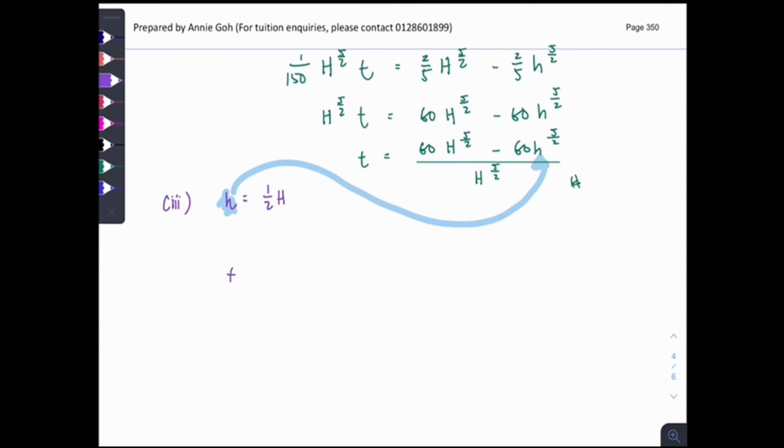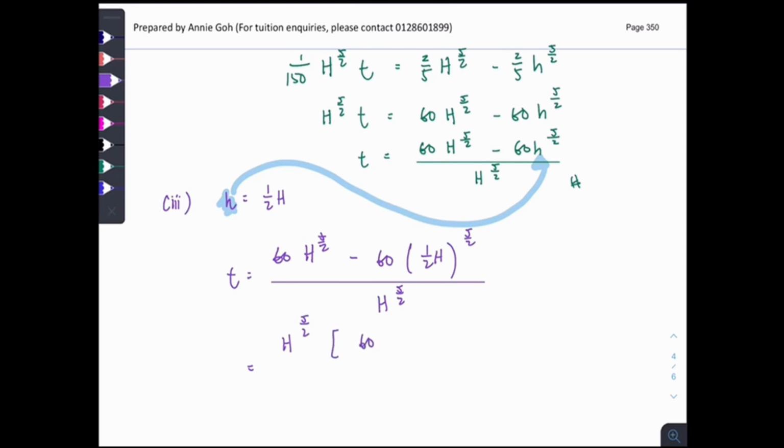Alright, so the t should be equal to 60 H power 5 over 2 minus 60 times half H power 5 over 2, over H power 5 over 2. You notice that for the upper part, the H power 5 over 2 can be factorized.